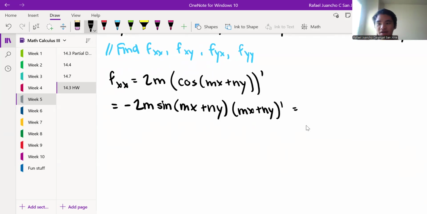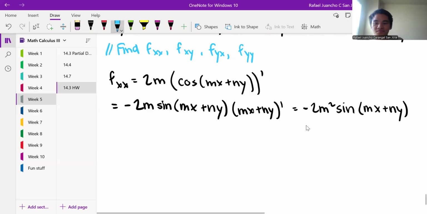So that means my y is a number. And so I'm left with m here. This whole thing is m. So actually I just get negative 2m squared sine of (mx plus ny), and we're done.